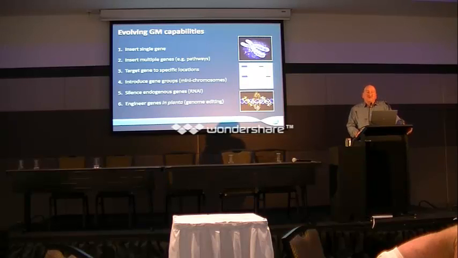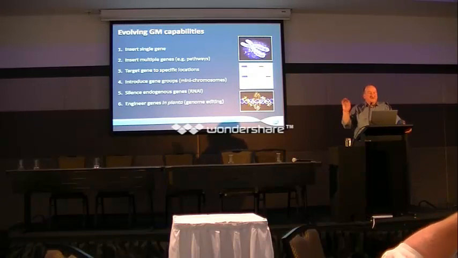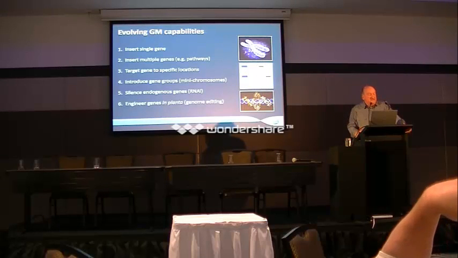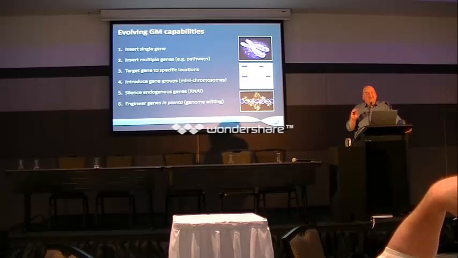It's becoming possible to put those genes in specific locations within the genome of the plant species, so we can think of having a landing pad, if you like, in a chromosome, so the transgene will always go to the same place. It's been possible to introduce very large sets of genes as mini chromosomes into plants. We can also turn off genes in plants in a specific way, so we can turn it off in this tissue but not in that tissue, through RNAi technologies, which were developed in CSIRO.